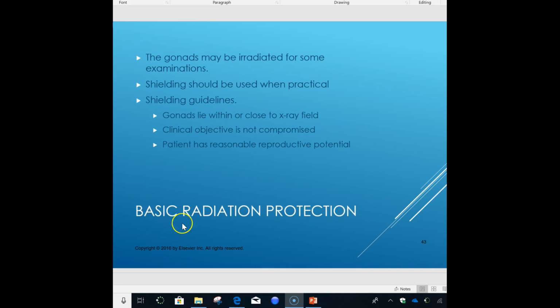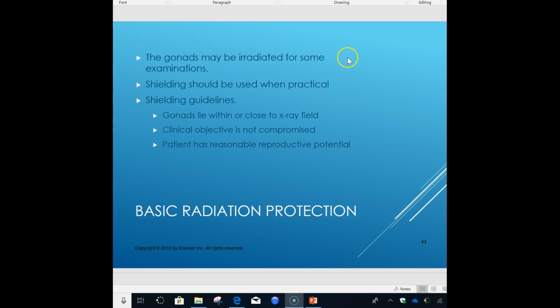We talked about radiation protection. Each center will have their ideal age range. It could range some places from basically newborns up until 60 years old.